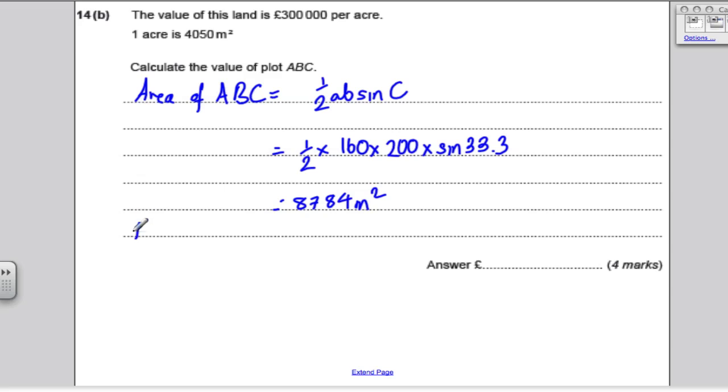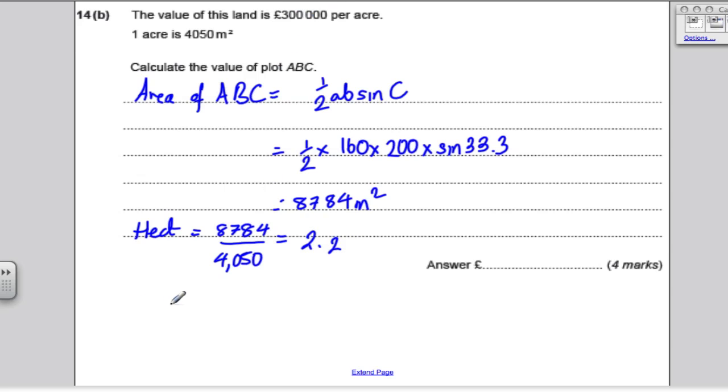Well, how many acres must be 8,784 divided by 4,050, is approximately 2.2 acres.